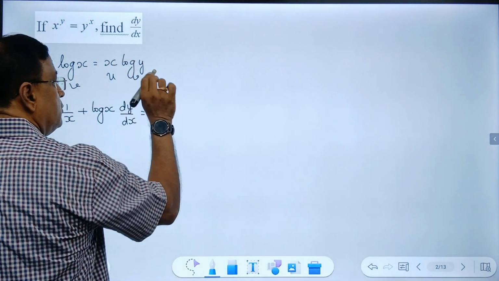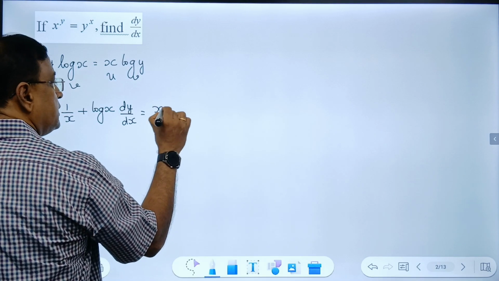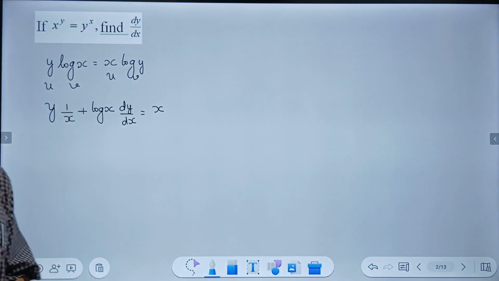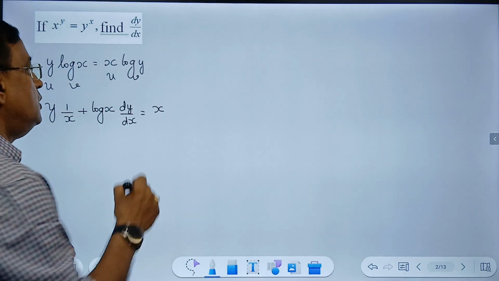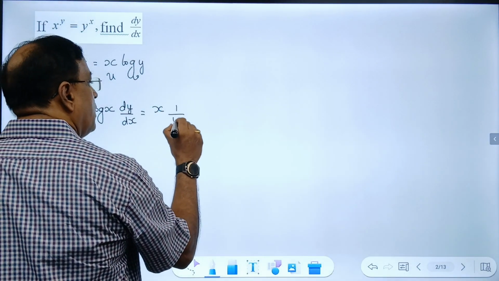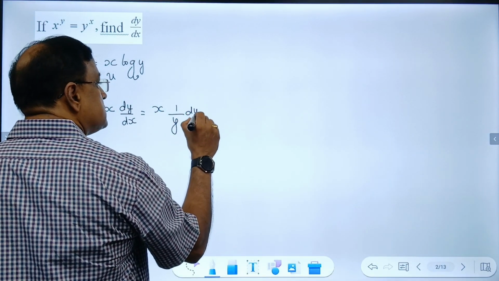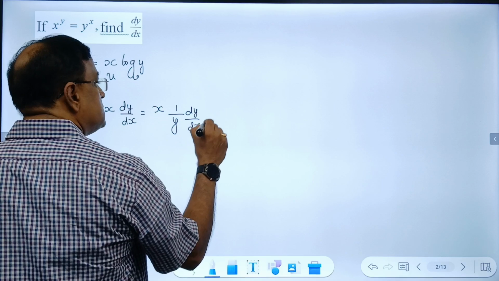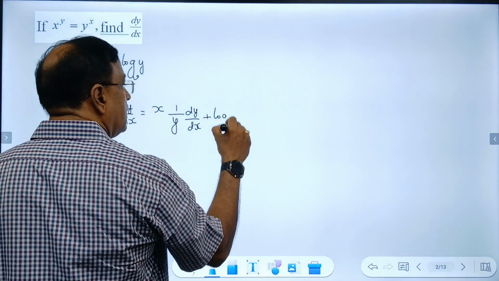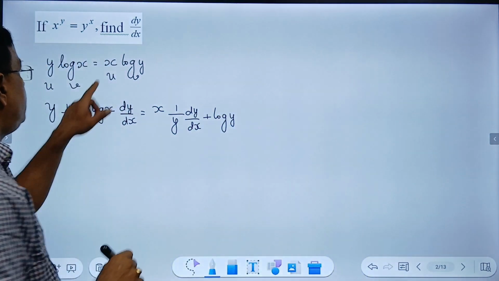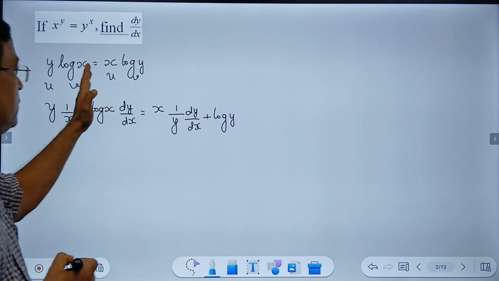U is x. Differentiation of log y, chain rule, so it will be 1 by y dy by dx, plus v. V is log y, and you know differentiation of x is 1. So I am using product rule.